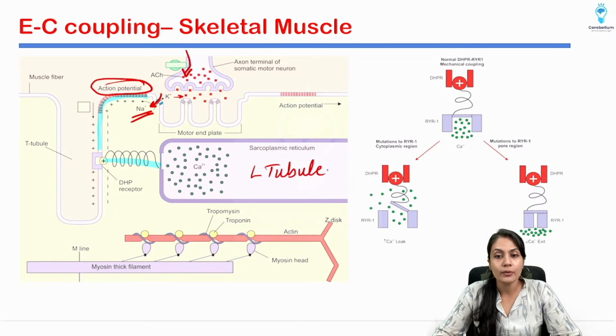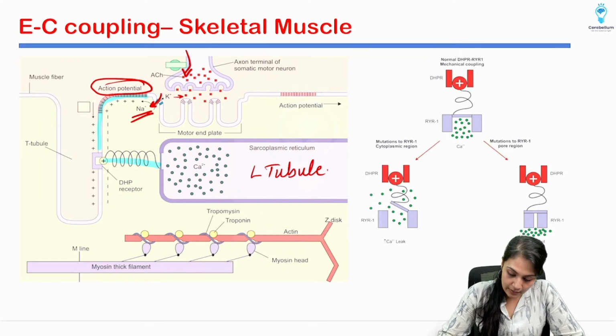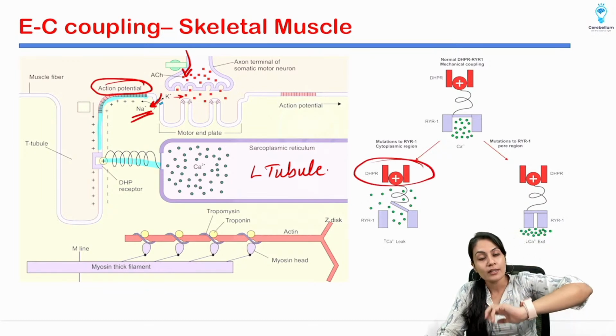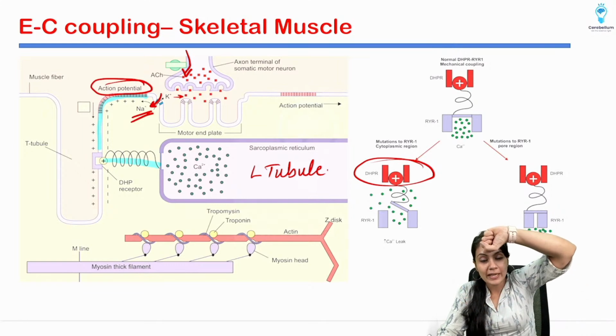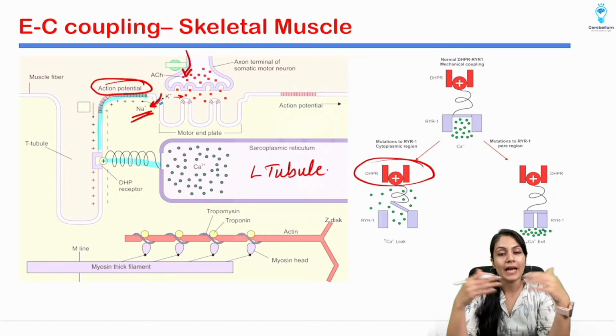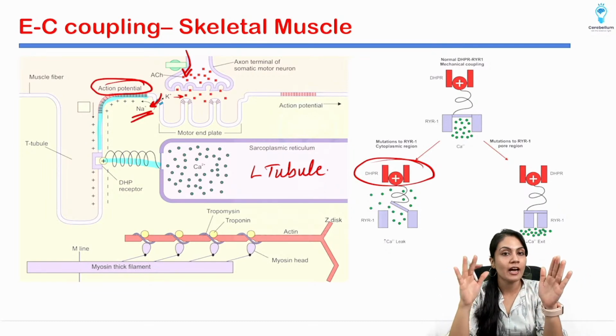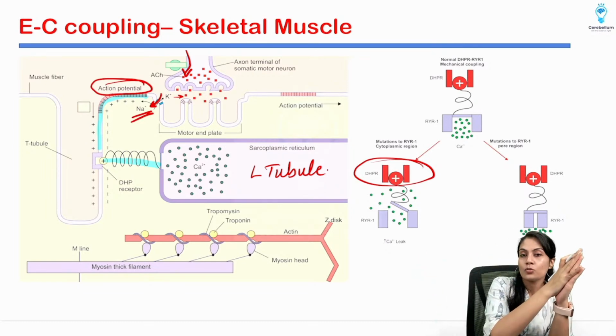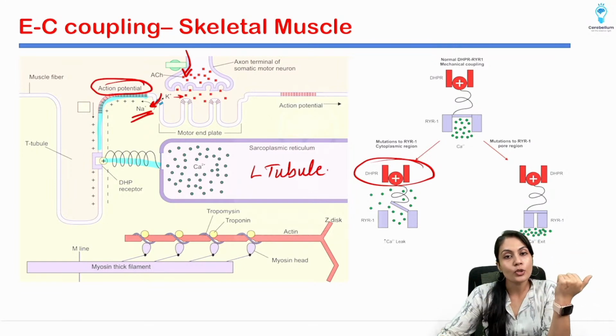What is going to happen? As soon as these receptors are stimulated, the RYR channel is affected by the coiling of that spring-like structure, which is the physical or mechanical connection between DHPR and RYR. As soon as the spring coils, the channel is going to open up, right?